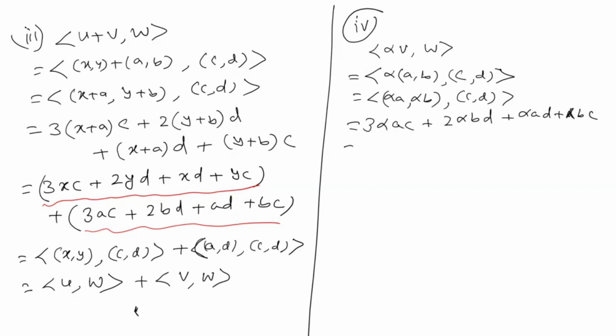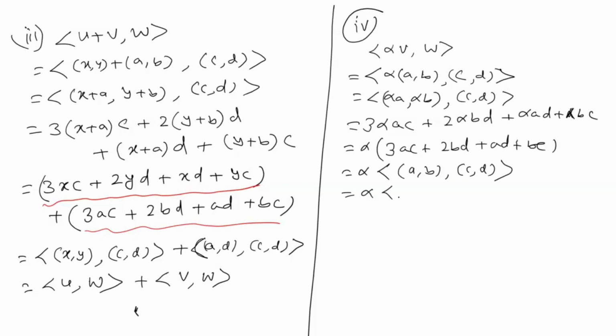So we can take out this alpha and we get 3ac plus 2bd plus ad plus bc. So this is equal to alpha times the inner product of (a, b) and (c, d). So this is equal to α⟨v, w⟩. So we complete the proof.